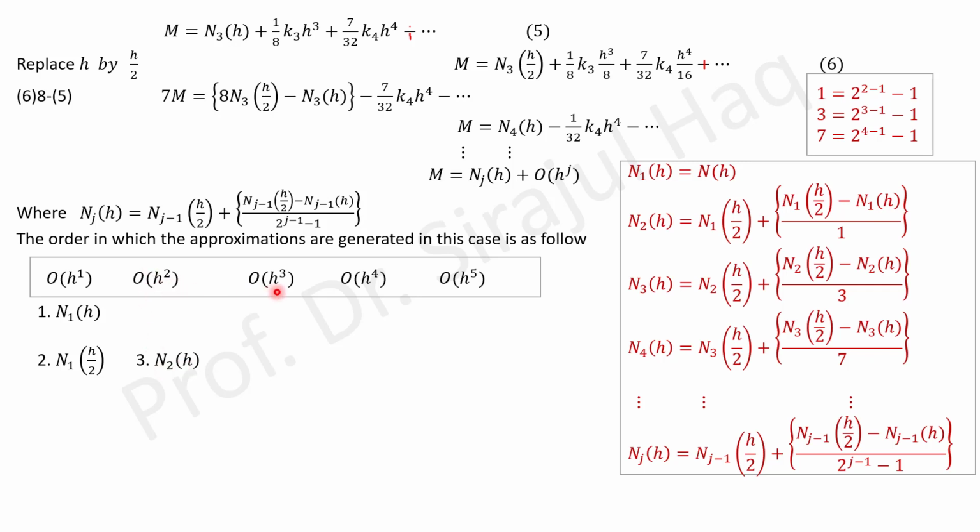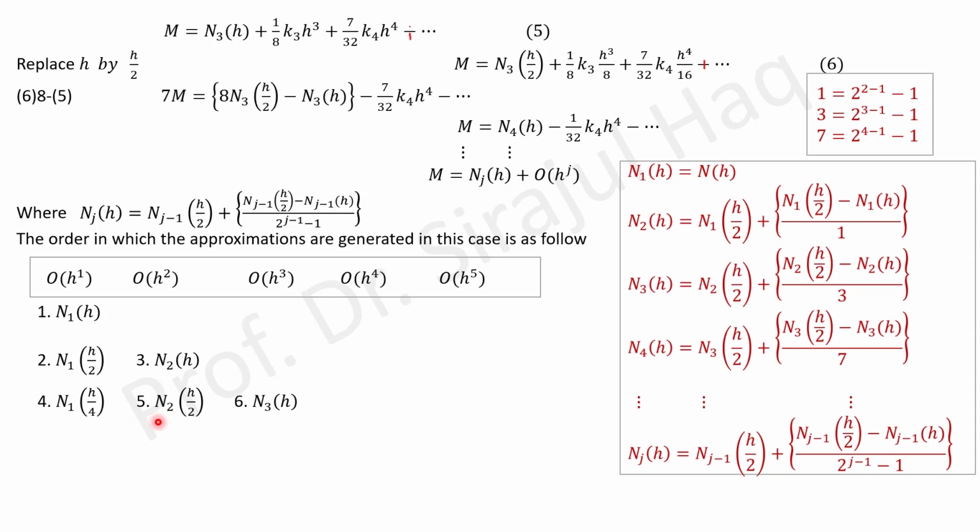If your target is to find out error of order h raised to the power 3, then you need other values. How? When you substitute j is equal to 3, you need N2 of h divided by 2, and N2 of h, which you have computed there. Why do I need this term? Now let's come to this one.